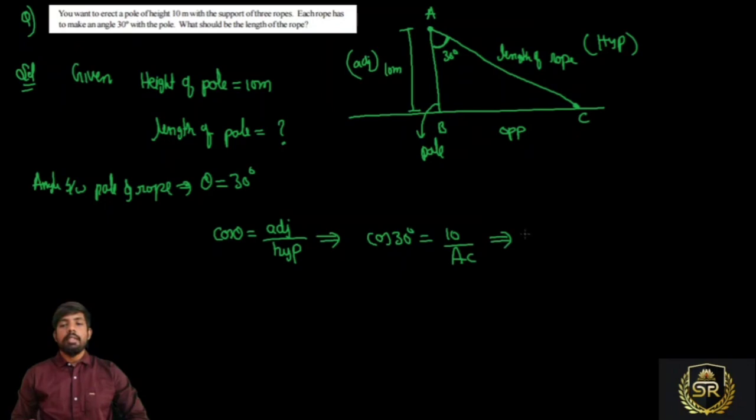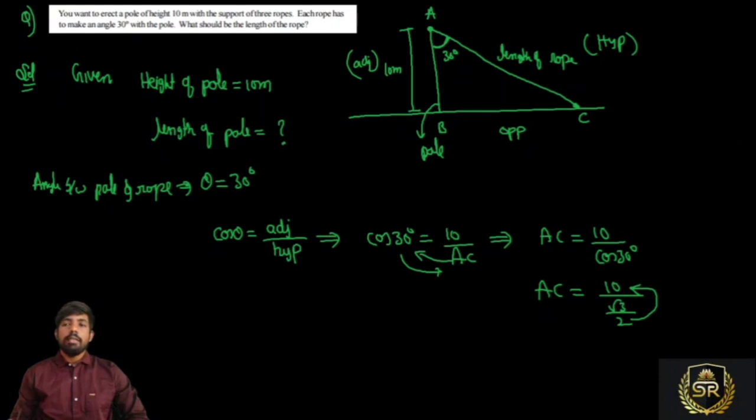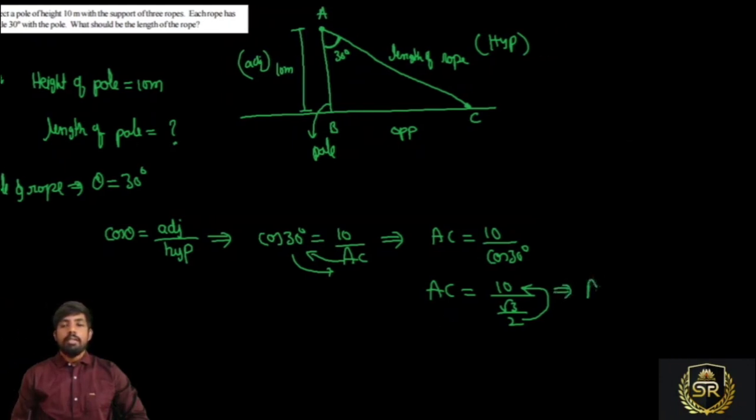From here, sending AC to the left-hand side and cos to the right-hand side, AC equals 10 by cos 30 degrees. Cos 30 is root 3 by 2, so the 2 comes up. AC equals 10 into 2 by root 3, which is 20 by root 3.